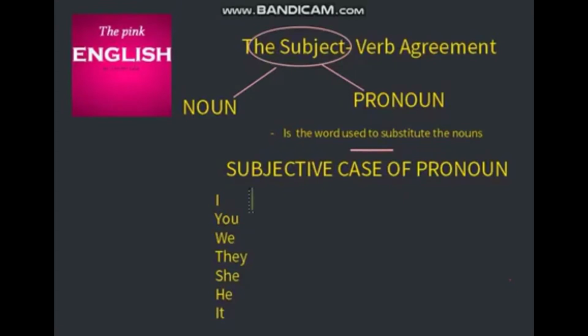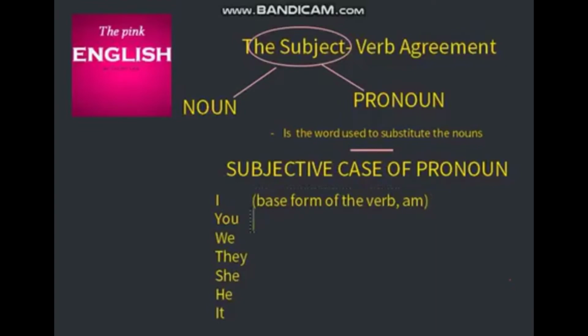Remember that I takes the base form of the verb, and it is always followed by the linking verb or the be verb am.